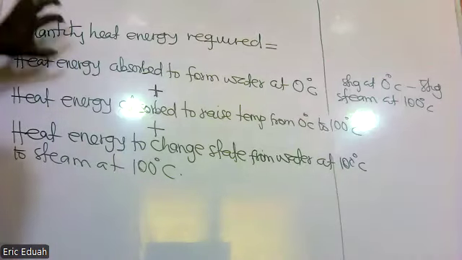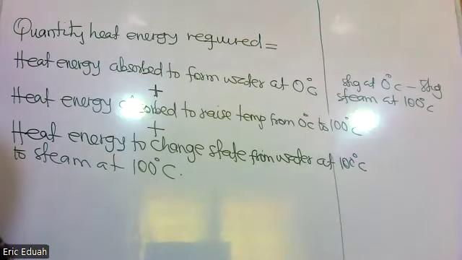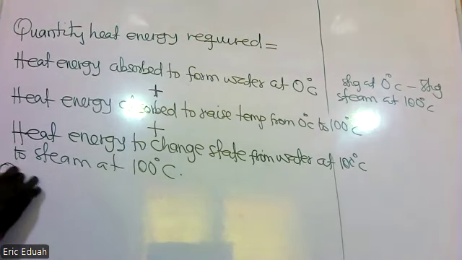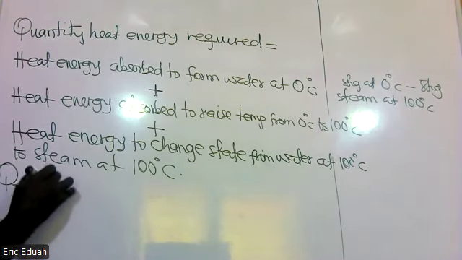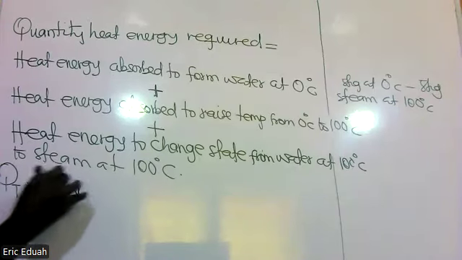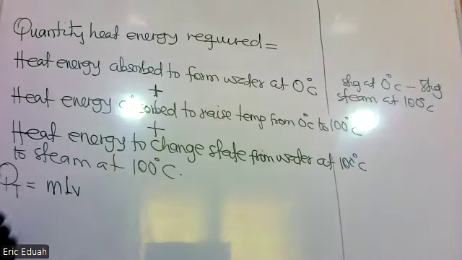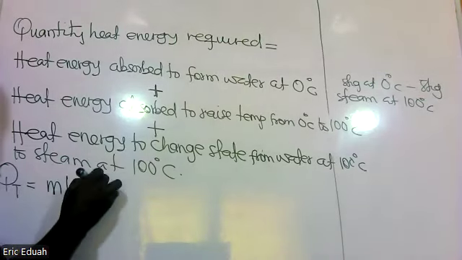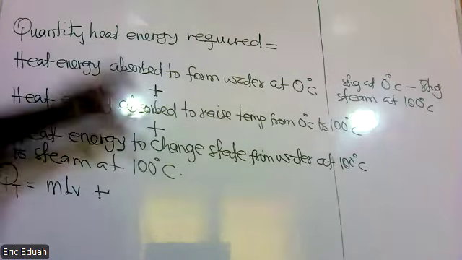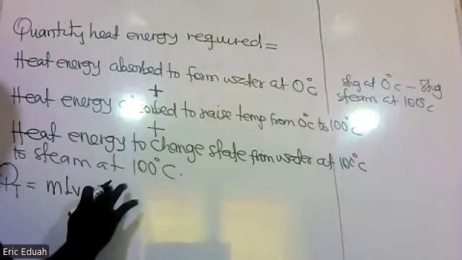Okay, so the first one is about change of state. So Q total will be equal to M times LF, change of state, latent heat, plus the second stage is about sensible heat, any heat which will change the temperature.